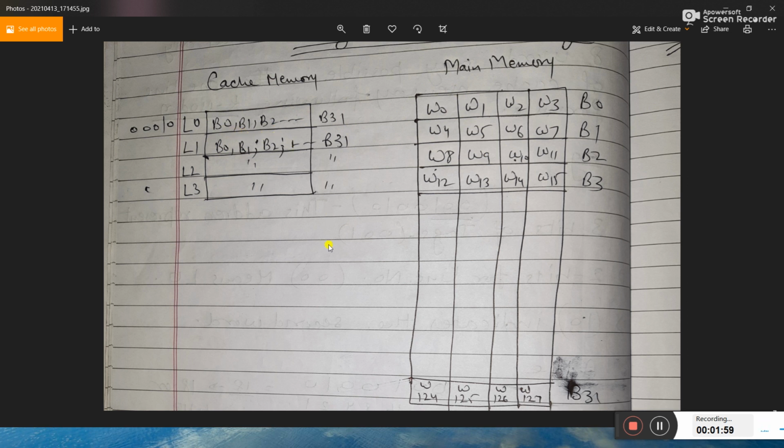Here any block can be stored in cache line 0, any block can be stored in line 1, and any block can be stored in line 2. It provides me the flexibility to store any block at any line of the cache memory.